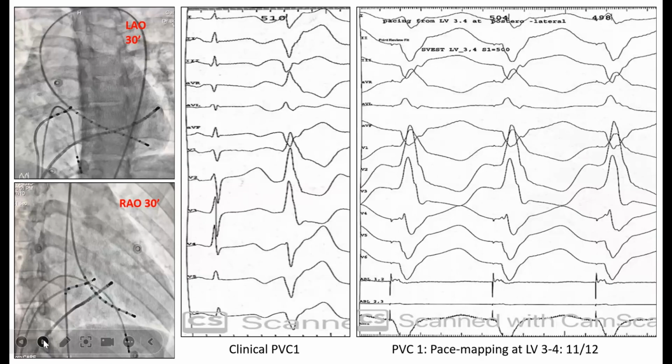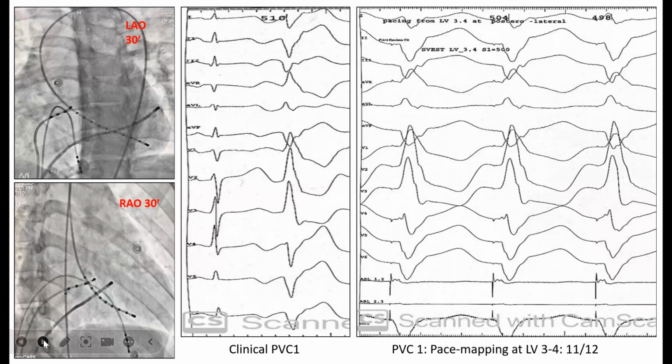So that can distort your pace mapping. That may be because we haven't paid attention to the pacing output. Capturing a large area can often mislead. You should pace at the lowest output, at first capture, and then compare. But you're in the ballpark region.